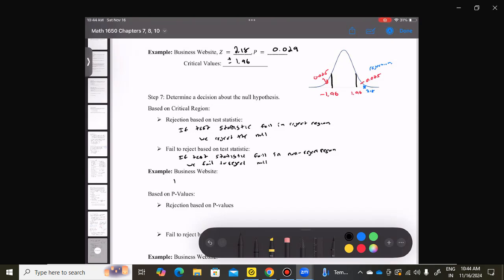So we reject the null hypothesis, since 2.18 is in rejection region. The proportion equaling 35% is too high for null to be true.